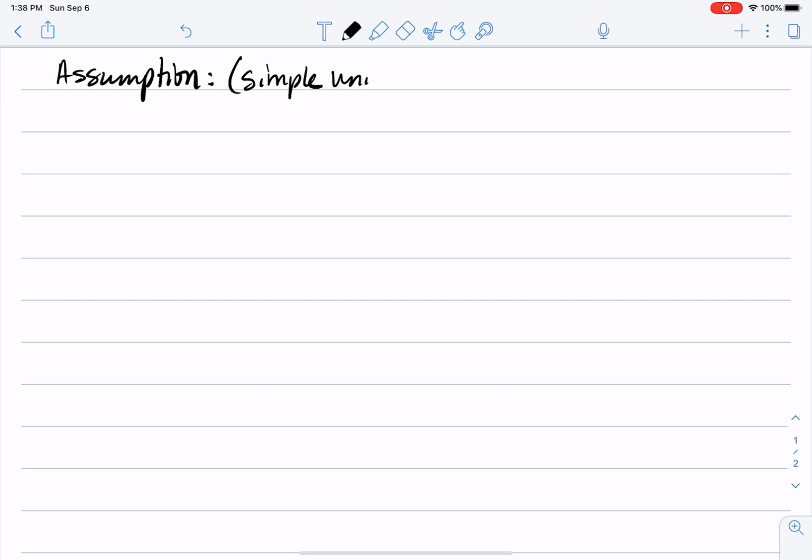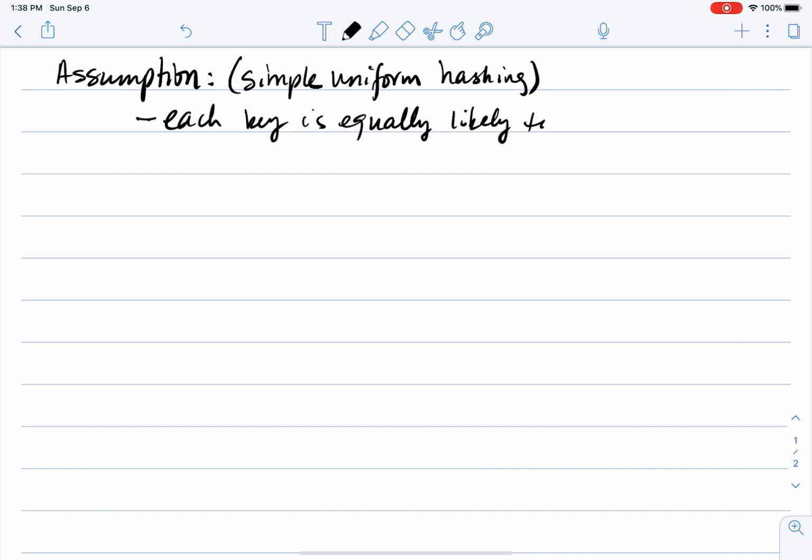Simple uniform hashing. All it says is that each key is equally likely to hash to any of the M slots, independent of what has been hashed, what hasn't been hashed, and all of that.